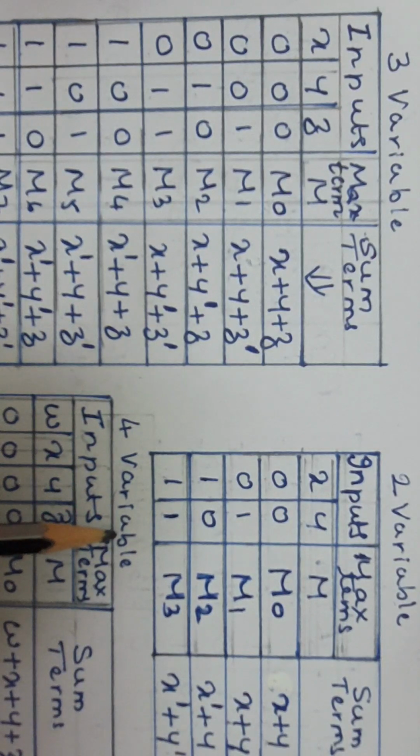In a 4 variable system, 2 raised to 4, that is 16 max terms will be there, from capital letter m0 to m15. So this is all regarding what is a max term and how many max terms will be there in different numbers of variables of a Boolean function or digital system, and how to write them.